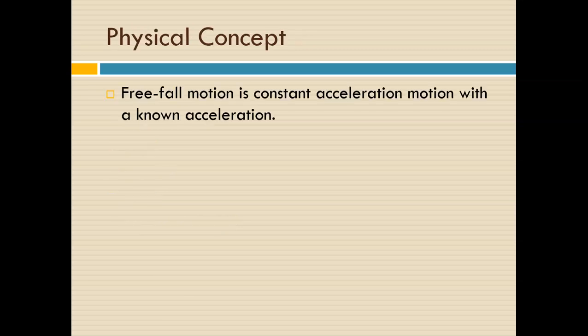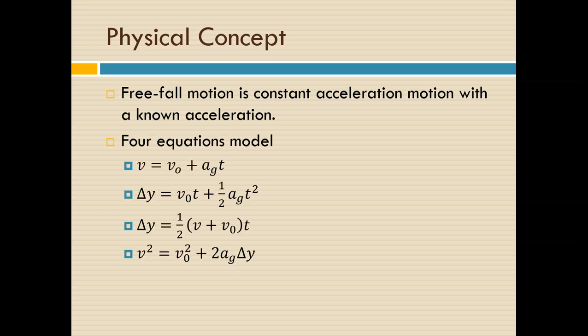Correct. So our physical concept is we're looking at a constant acceleration motion, which means we can apply the 4 equations. Now, these are the exact same equations you used on Wednesday that I introduced on Wednesday, with two changes. The acceleration has now been replaced with a sub g, and the change in position delta x has been replaced with delta y to reflect the vertical. Okay?